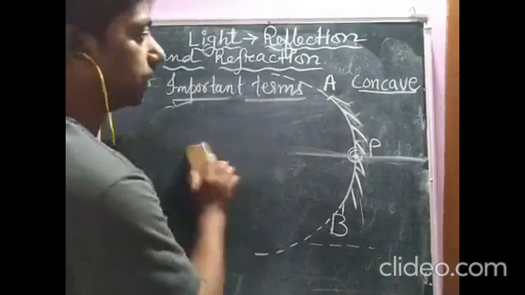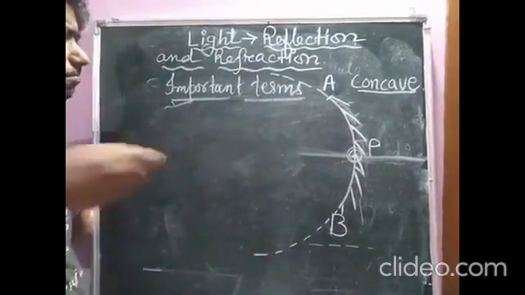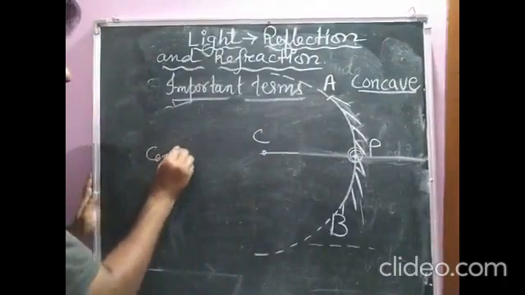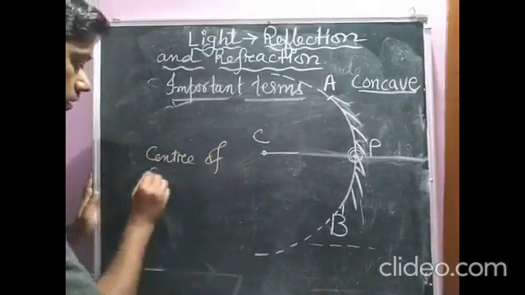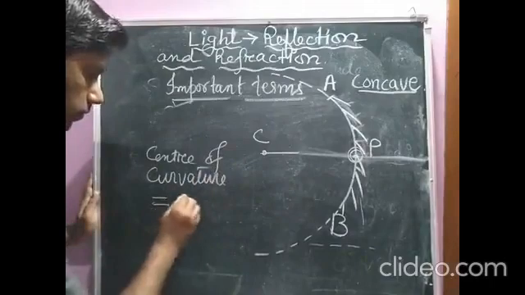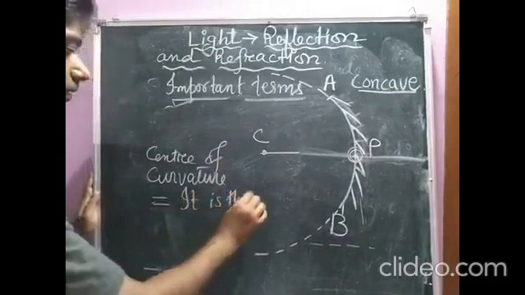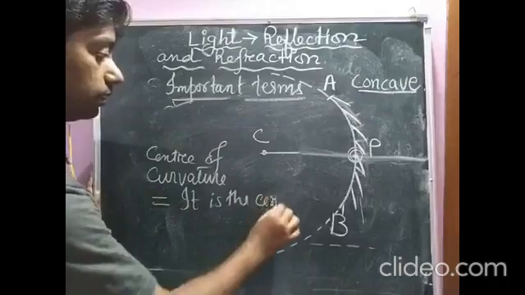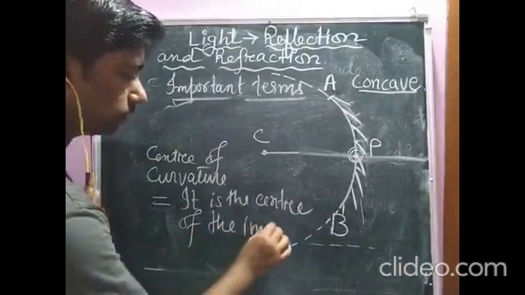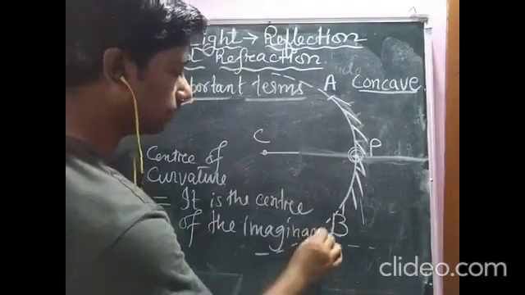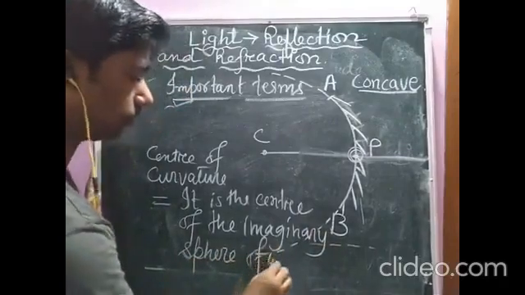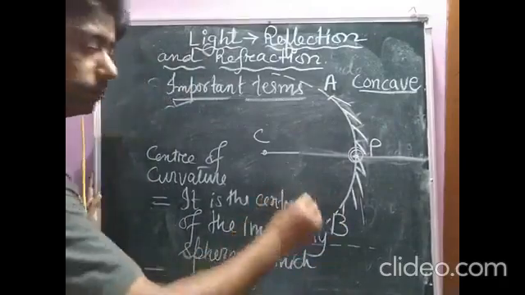Now you can write the definition like this. Center of curvature: it is the center of the imaginary sphere of which the mirror is a part.